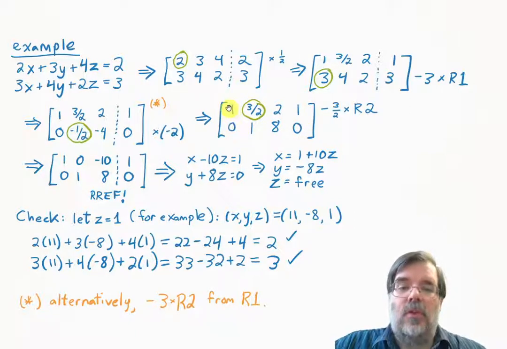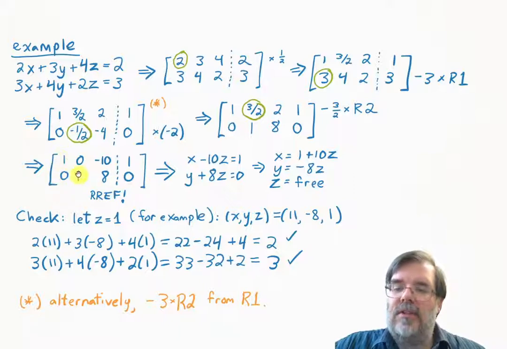All right, so 1 minus 3/2 times 0 is 1. 3/2 minus 3/2 times 1, that's 0. 2 minus 3/2 times 8, that's negative 10. And 1 minus 3/2 times 0, still 1. And then at this point, once again, we have reduced row echelon form.